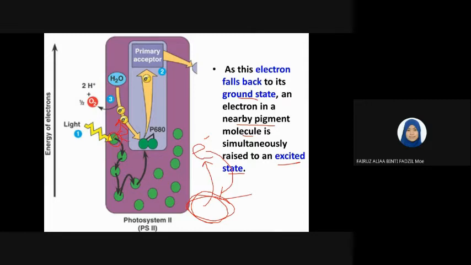That will cause the pigment molecule next to it to raise its electron to the excited state, and then fall back to the ground state, and the energy will be relayed to the next pigment. That will occur continuously, the energy relayed from one pigment to another.